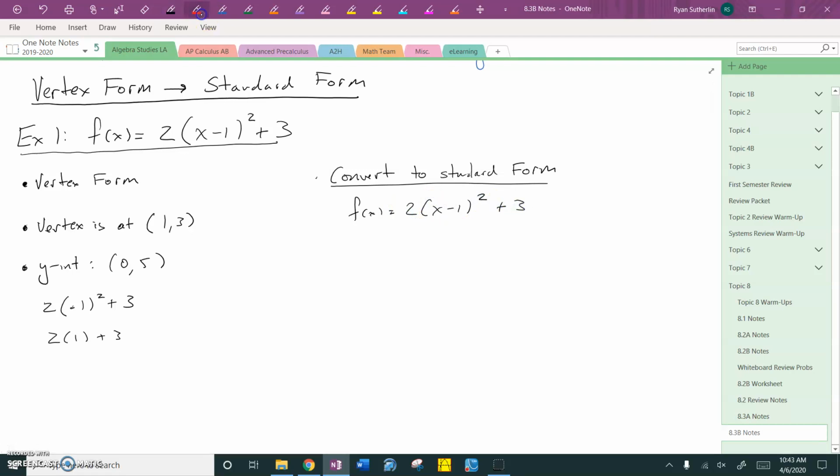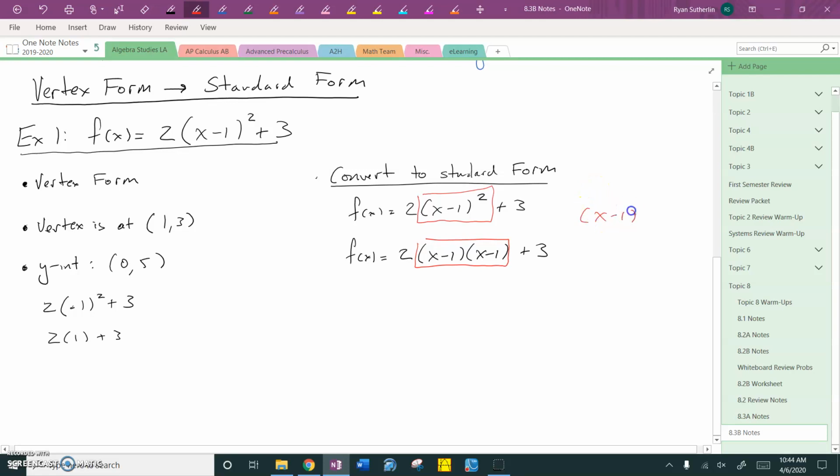So the first thing we're going to do is the x minus 1 squared. Remember, order of operations, the first thing we're going to do is parentheses. That means I've got x minus 1 times x minus 1, plus 3. Now, we need to multiply those out. I'm going to do that over the side here.